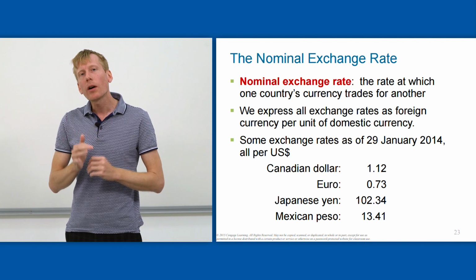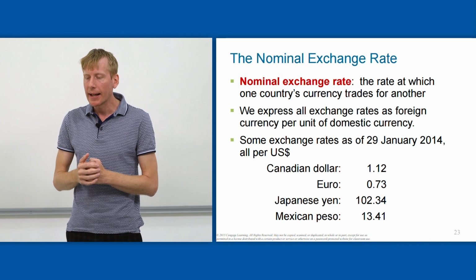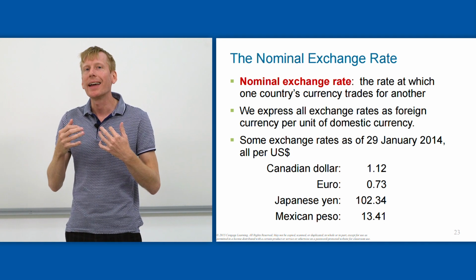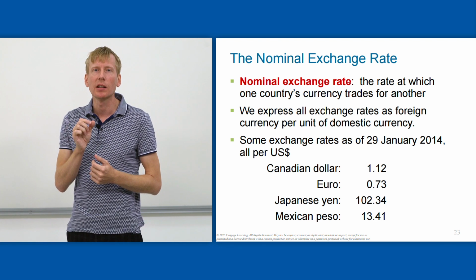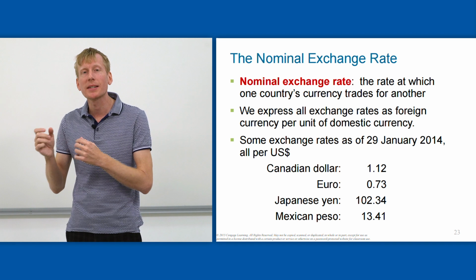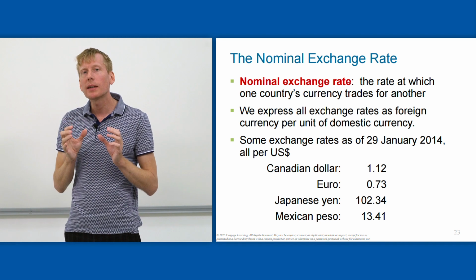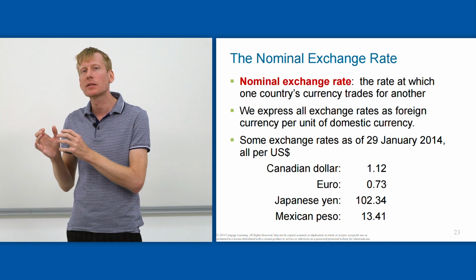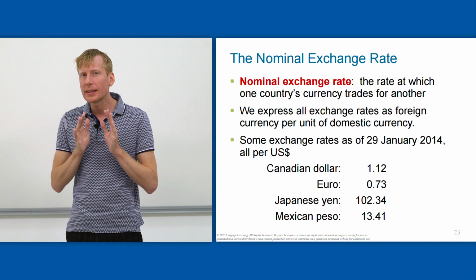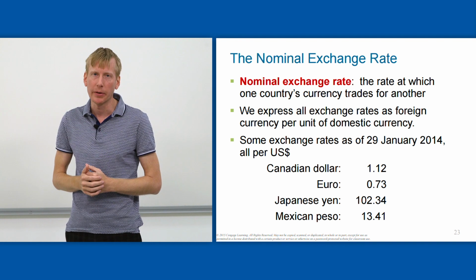Now, people often naturally assume that if a country has a high exchange rate, as in you can't buy very many dollars with a single yen, you can buy a lot of yen with a single dollar, that should mean that necessarily the yen is a weak currency and the dollar is strong. But that isn't really the best way to think about it.